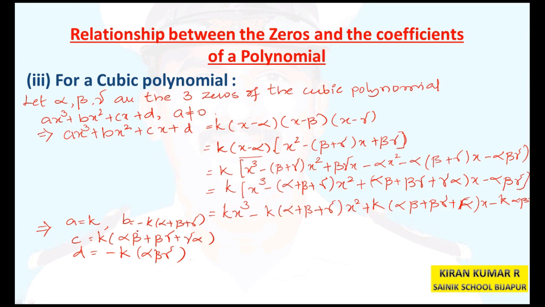Look at this value of b. b is minus k times alpha plus beta plus gamma. So I can write minus b as k times alpha plus beta plus gamma.